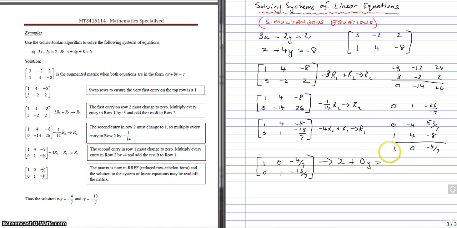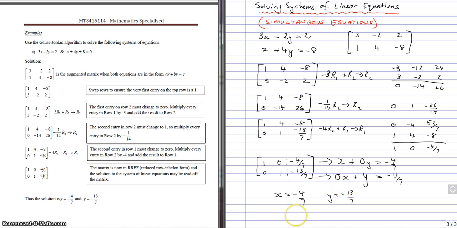I'm just writing it out in full for the sake of visualizing it, and that's equal to, remember this is our right hand side of our equations, negative 4 over 7. The second row is going to be 0x plus 1y, or y, equals negative 13 over 7. So our solution is x equals negative 4 over 7 and y equals negative 13 over 7.